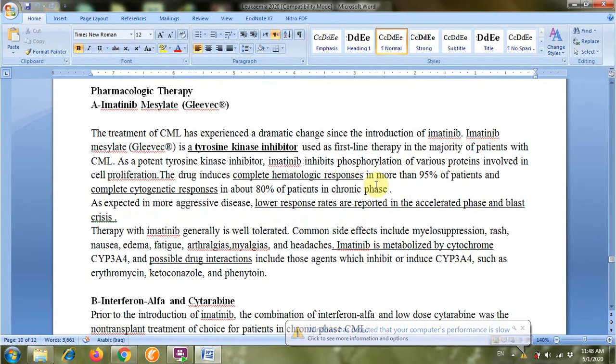Of course, it is very expensive and should be provided by governmental hospitals. It gives a good complete hematological remission in about 95%.